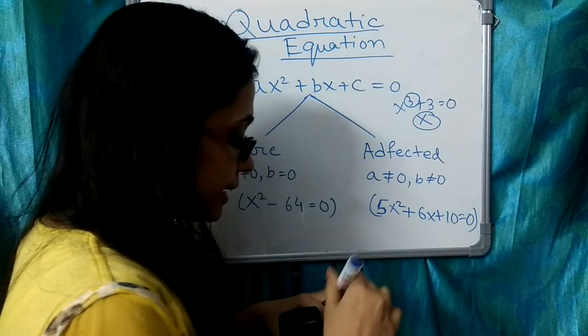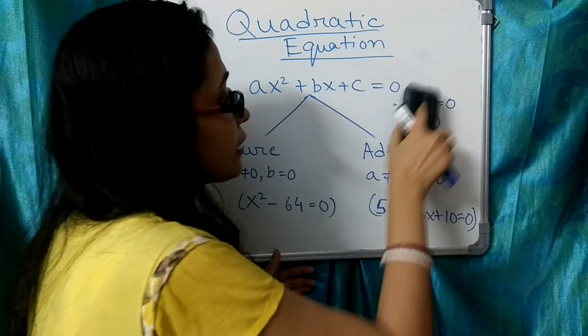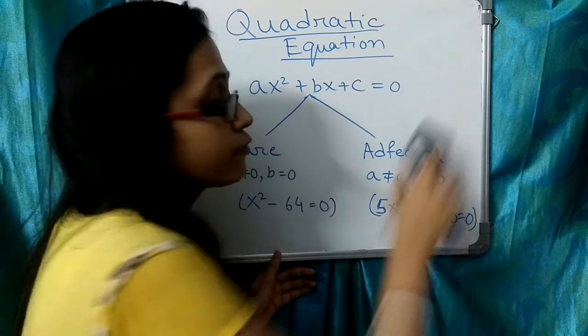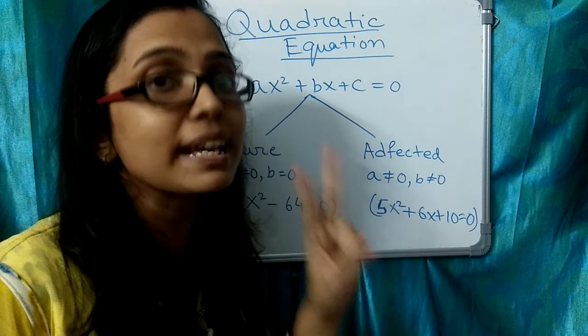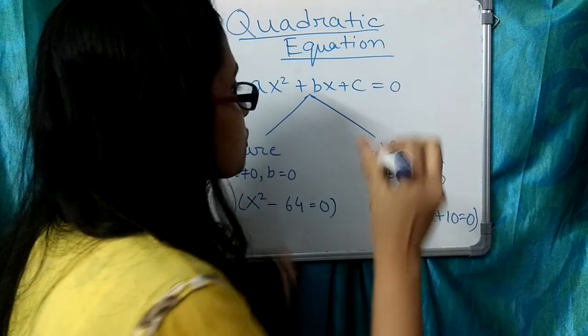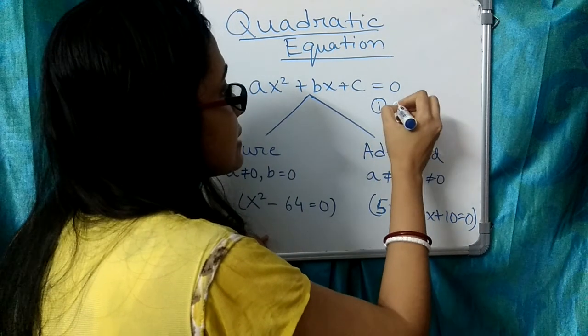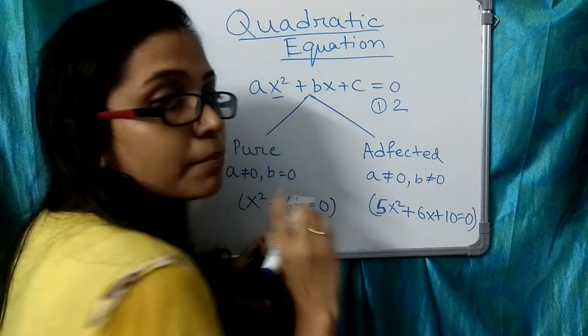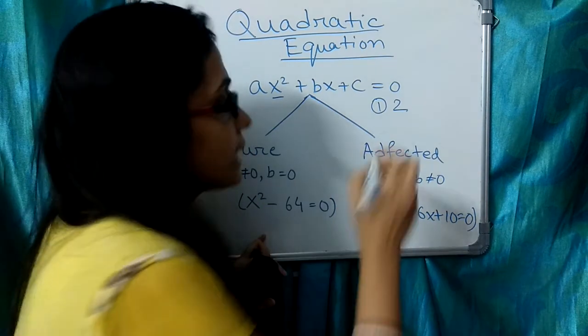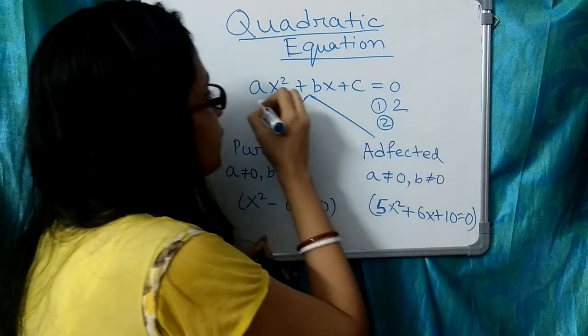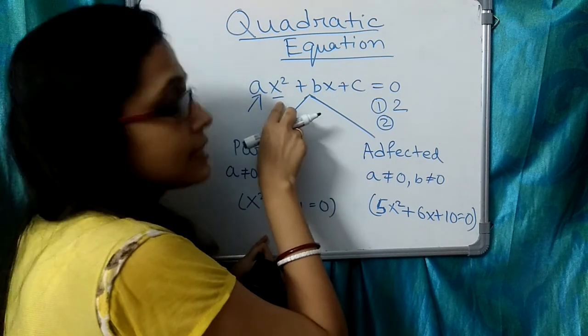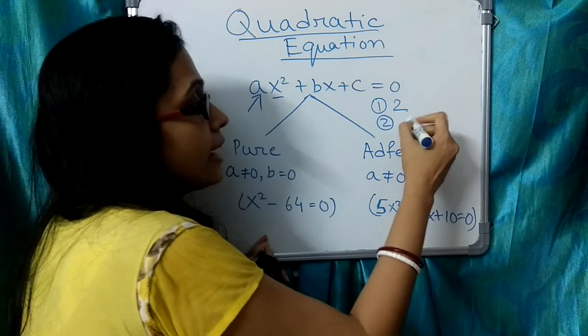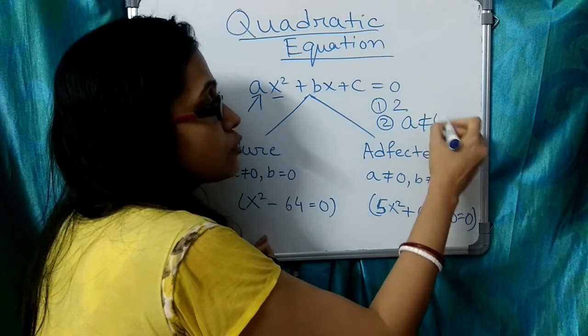To identify a quadratic equation, we always have to remember two basic conditions. The first one is that the highest degree of the variable must be 2, and the second condition is that the coefficient of x square, that is a, is not equal to 0.